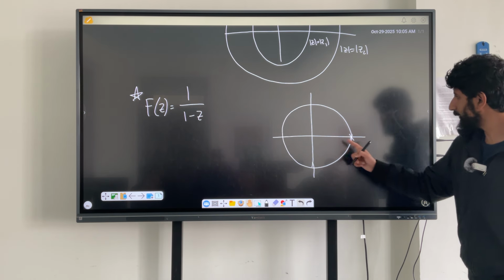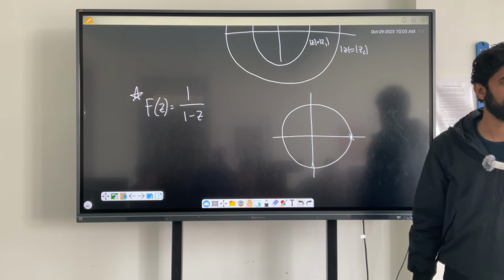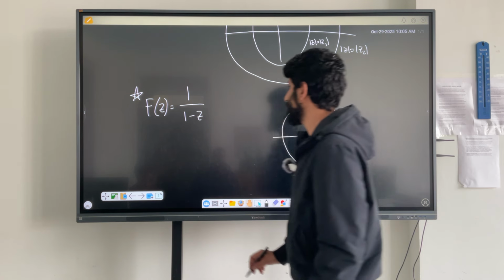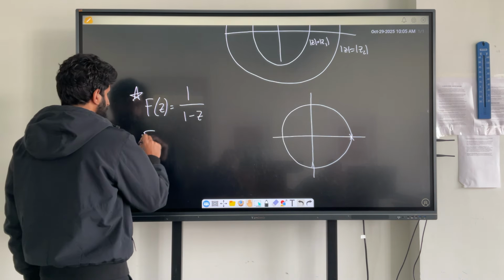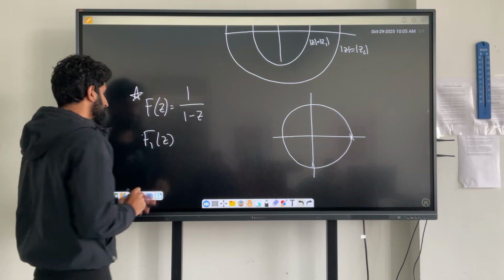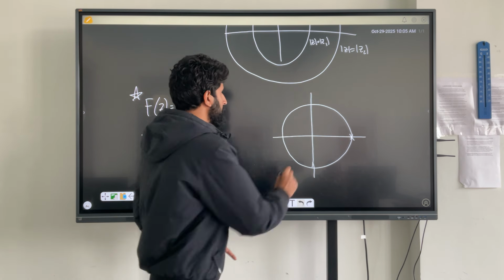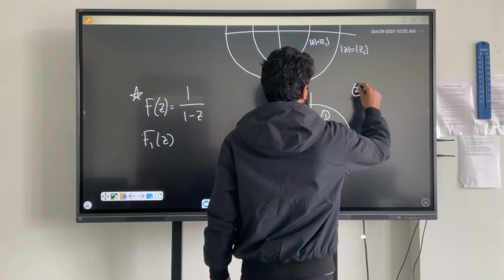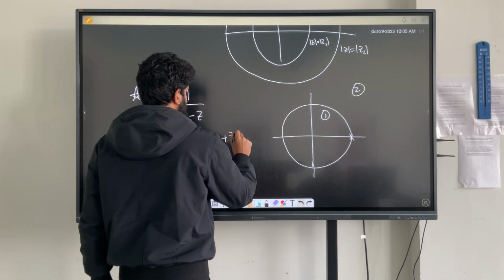The one that works in this region, you already know that. Let me call this F1. So this is the series that works in region 1, and this is region 2. It is 1 plus z plus z squared plus.